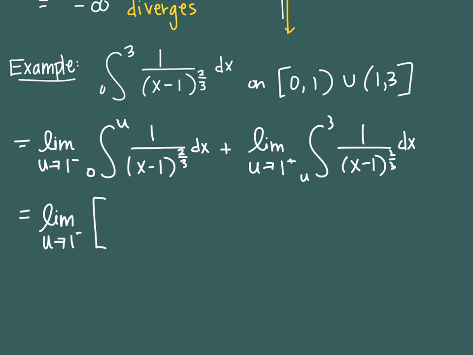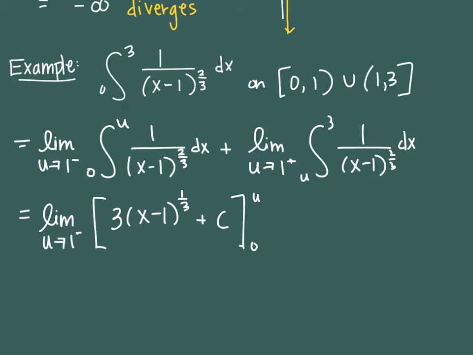All right, the antiderivative of (x minus 1) to the negative 2/3 is (x minus 1) to the positive 1/3 times 3 plus c.